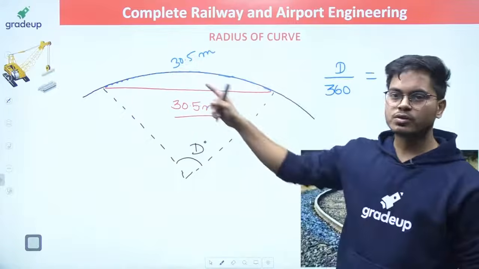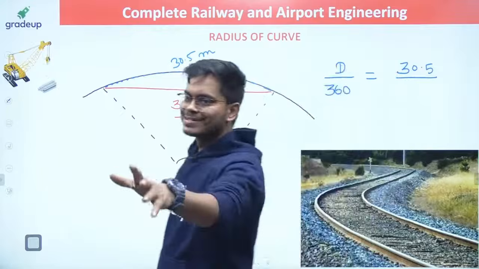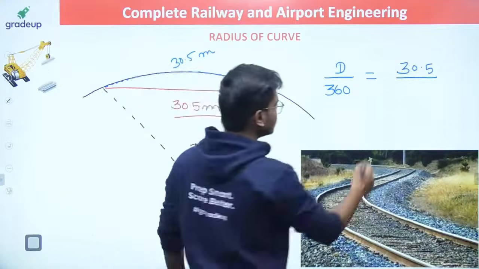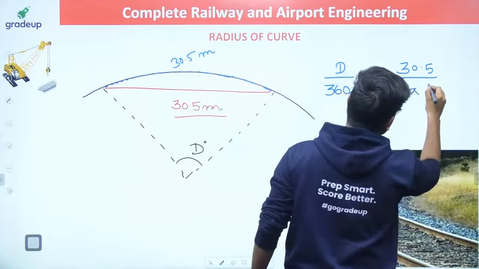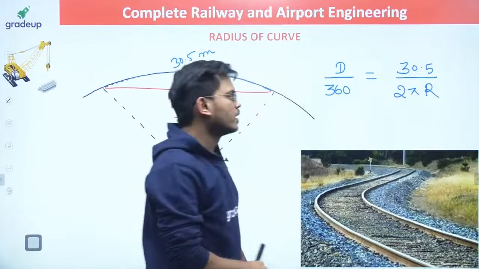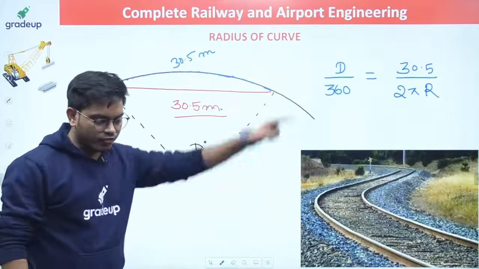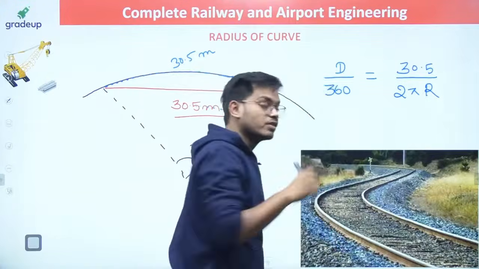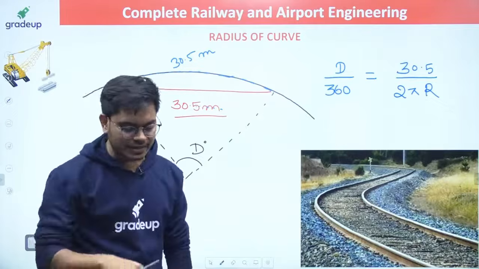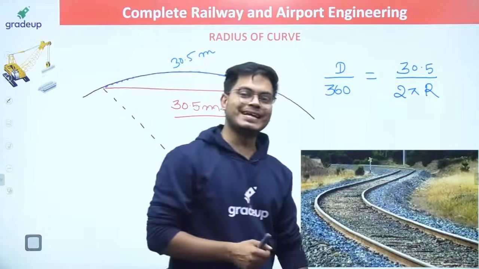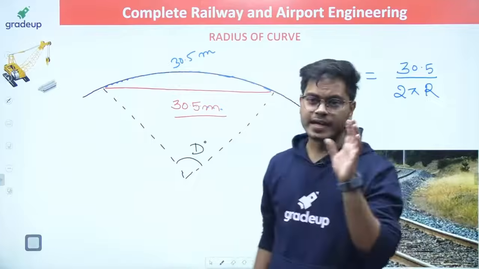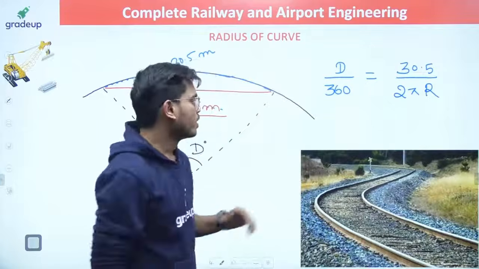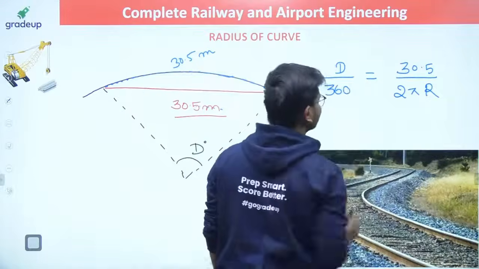Can I say 2 pi r? And from here you can get the value of d degree. If you have the value of d degree, you can easily get the value of radius. Correct? Yes, Julie, you are late, but it's fine. Okay, cool, sir. From here you can get the value of d.